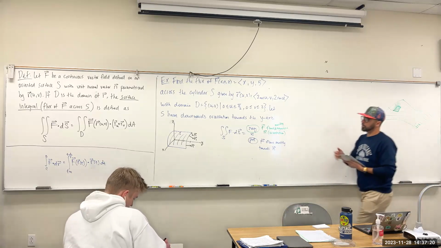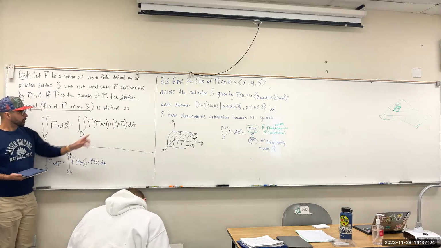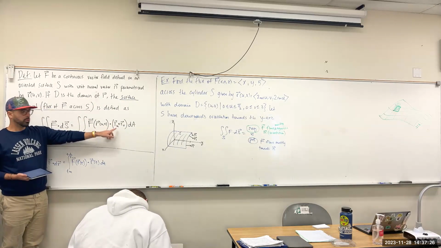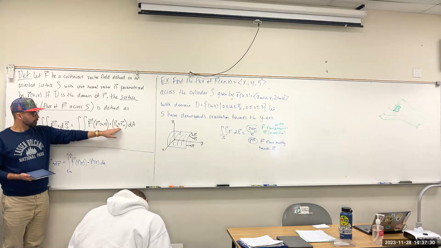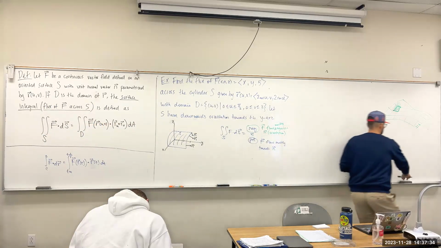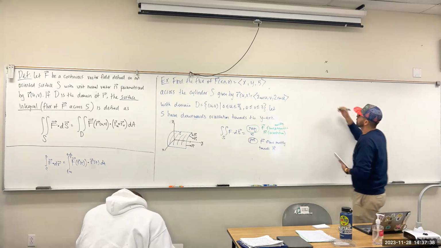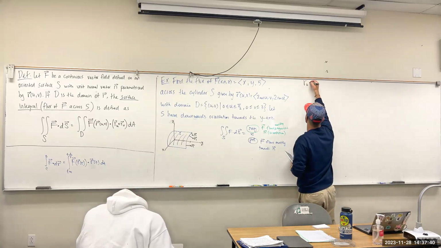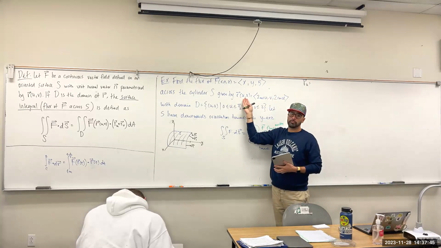All right, so let's see how we're going to do this. We need a couple things. We need the partials. We need the cross product, like you did for surface area. So let's begin this problem. I'm going to need to take the partial with respect to u of my vector function.